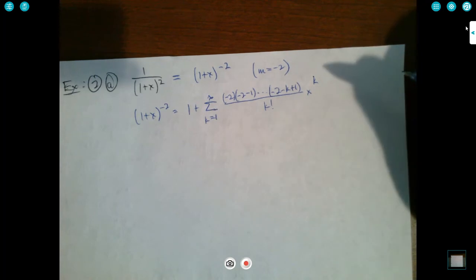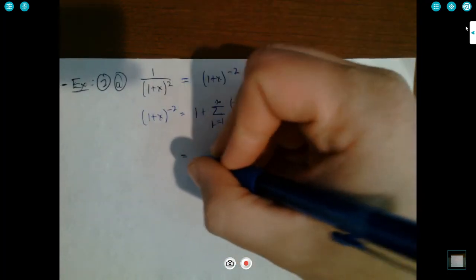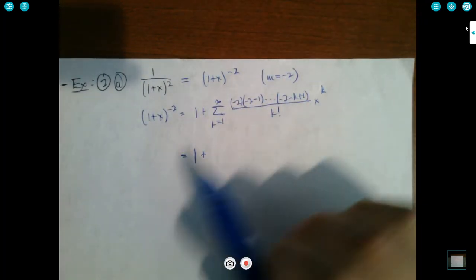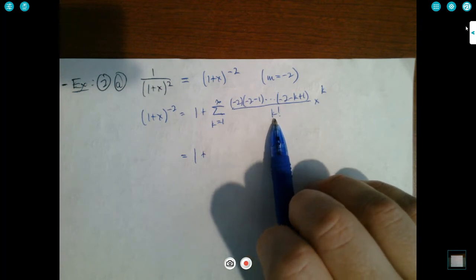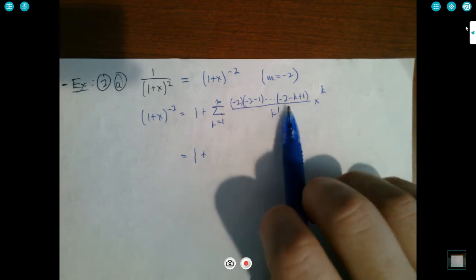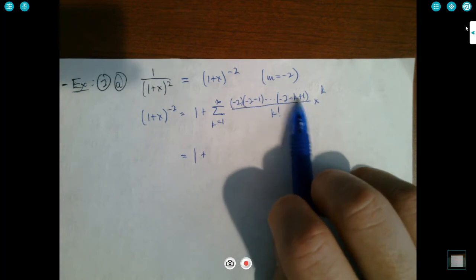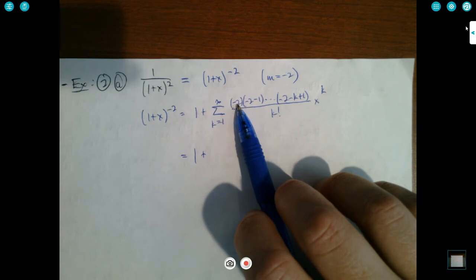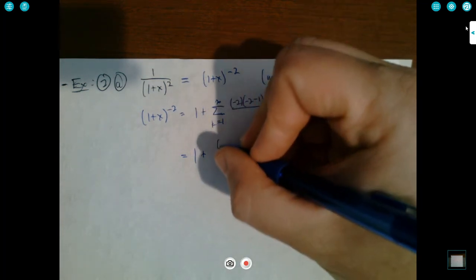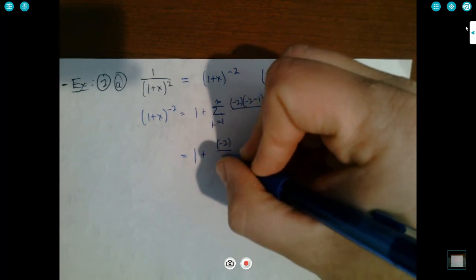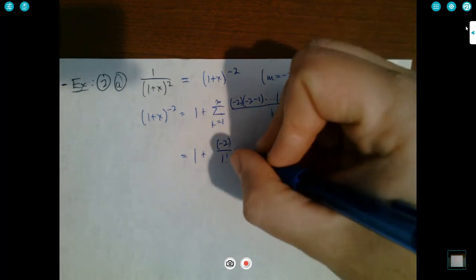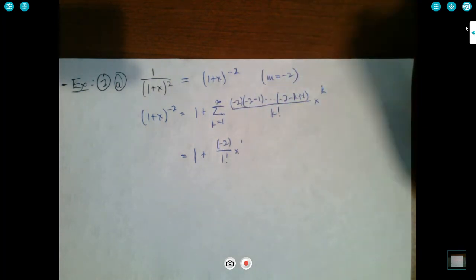So if you think about what the first few terms would look like, when k equals 1, in the numerator we're going to stop at k equals 1. Negative 2 minus 1 plus 1 is just negative 2. It's going to be negative 2 over 1 factorial times x to the first.